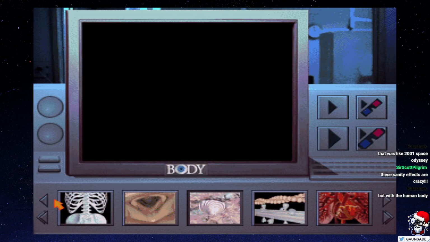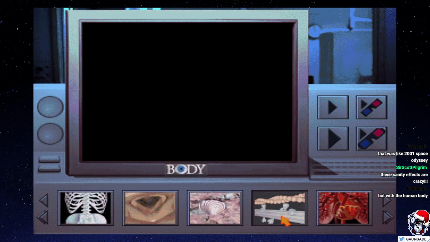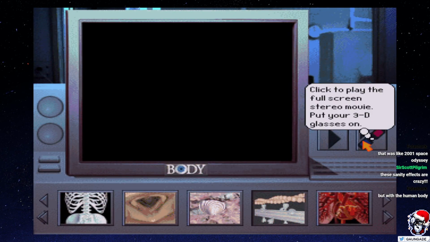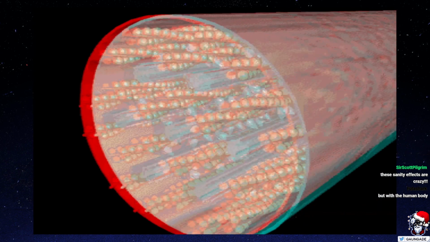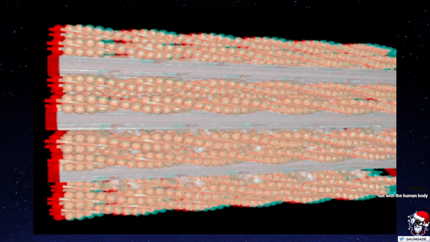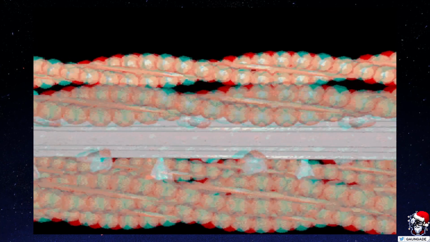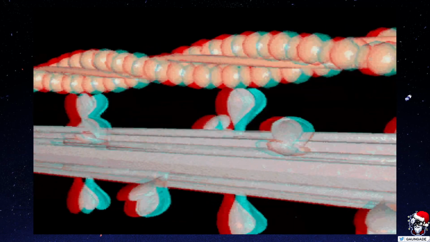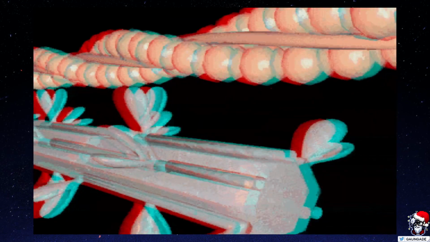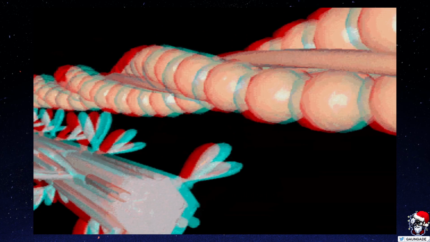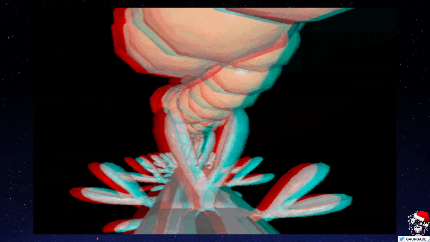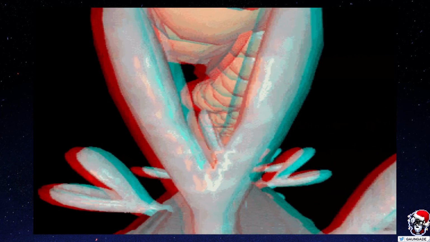Esophagus. Stomach. Through a muscle fiber. Muscle cell. Myofibril. Whoa, holy shit. Actin. Yo. Myosin.